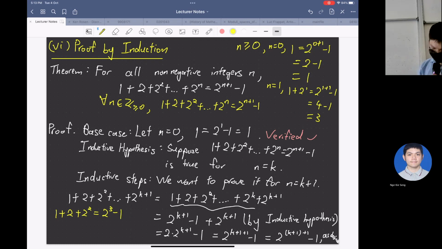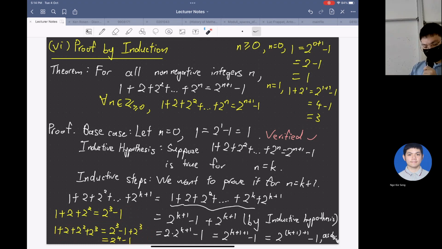Suppose you know this, and then you want to prove it for 2 to the 2 plus 2. Then you will see that the previous case appears. So you just put it in and then plus 2 to the 3. And then from here you get 2 to the 4 minus 1. So this is a generalization. You can prove the next one using the previous one.